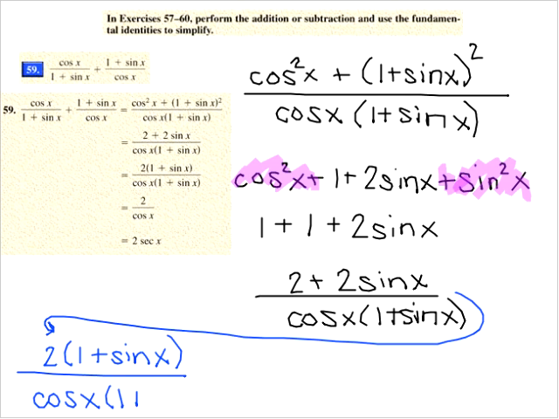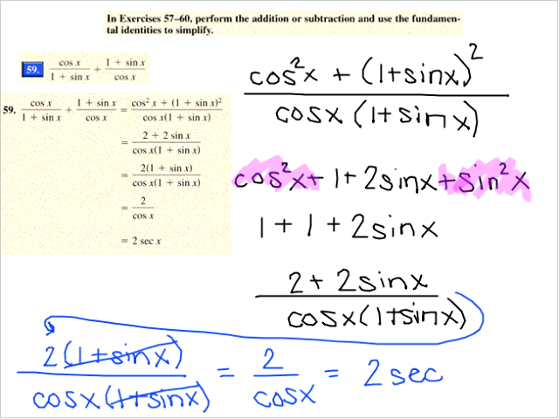Your 1 plus sine x is going to cancel out. So you're left with 2 over cosine x. And 2 over cosine x, remember, is the same as 2 times secant x, because 1 over cosine is the same thing as secant.